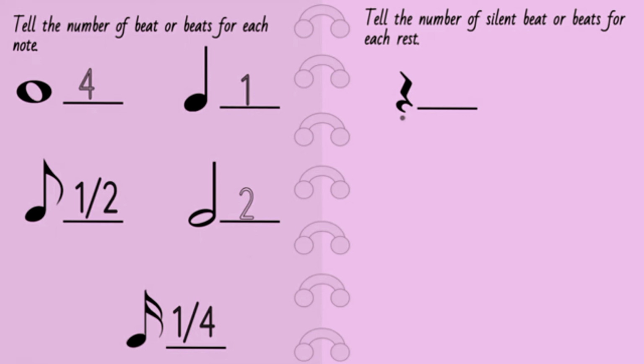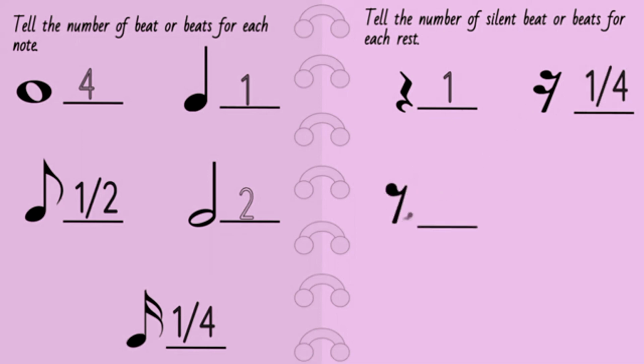Quarter rest. How many beats does quarter rest has? Correct, 1. How about this one? 2 flags, so it is 16th rest. 16th rest. How many beats or silent beats? Correct, 1/4 only. 1/4 silent beat.